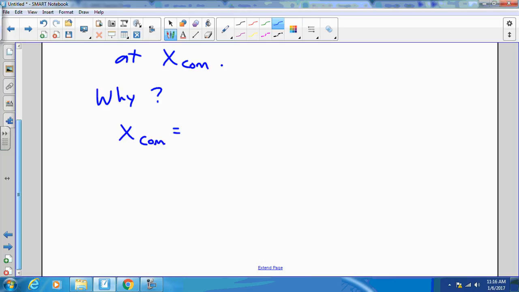Let's go to our computation. Let's consider what the x center of mass is. The x center of mass is the weighted average of positions. It is the sum of mass times position divided by the total mass.